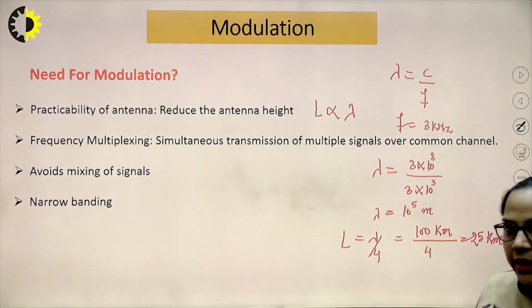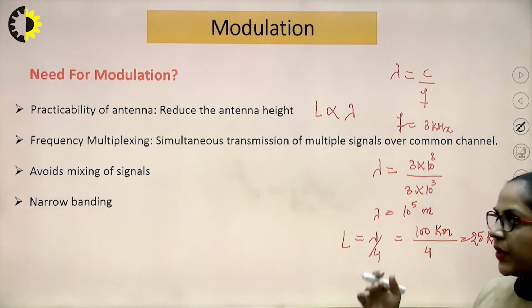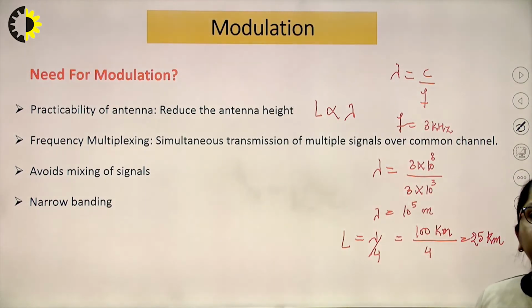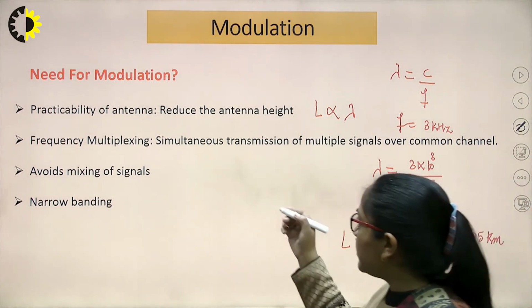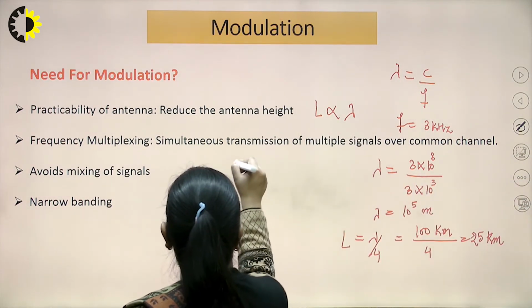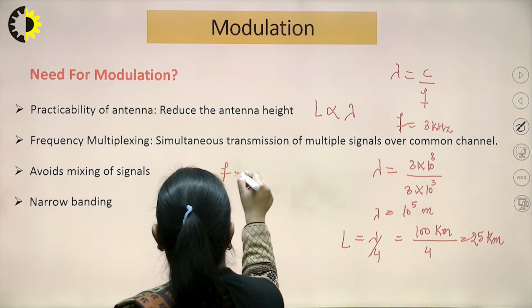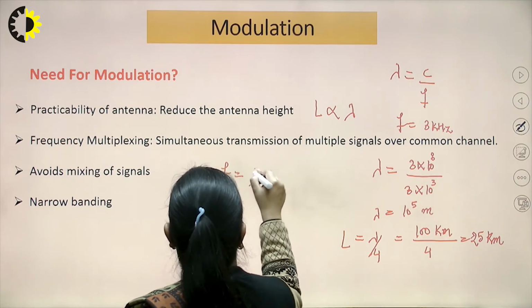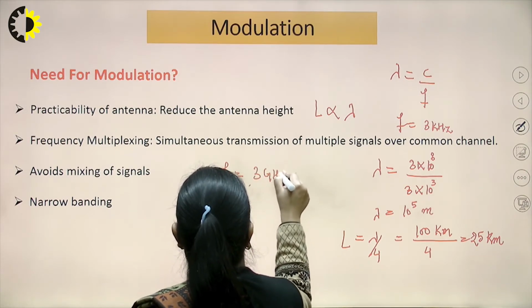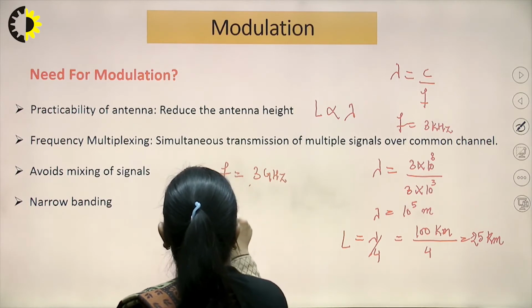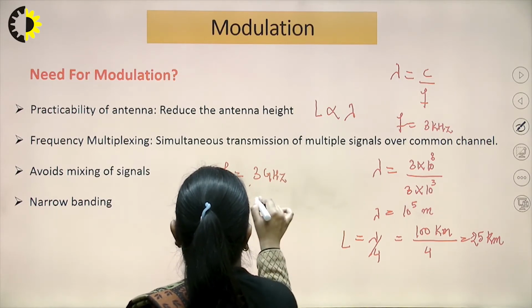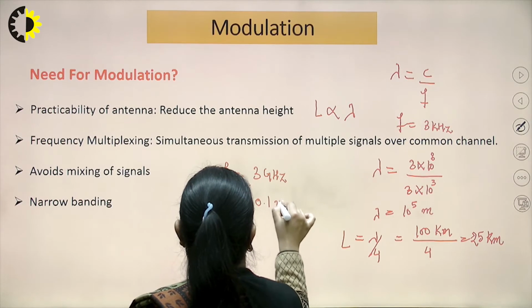For this, what I can do is modulation: I convert this low frequency signal into a high frequency signal. For example, if the frequency after modulation becomes 3 gigahertz, then the value of lambda will become 0.1 meter.